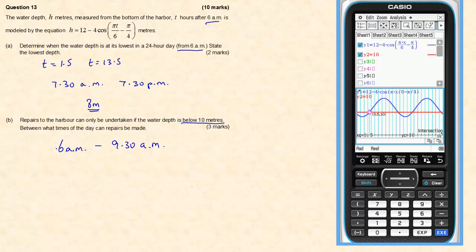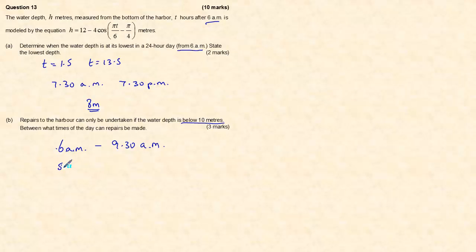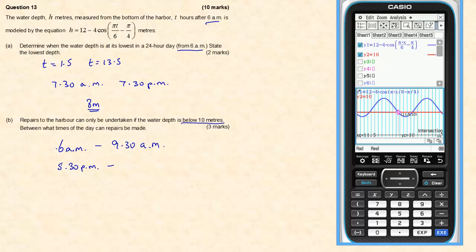Now let's go across and find the next intersection. So that's 11.5. So 11.5 hours from 6 a.m. is 5:30 p.m. And then that's going to stay below, and this is 15.5.